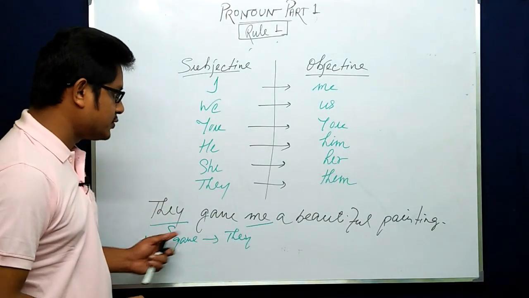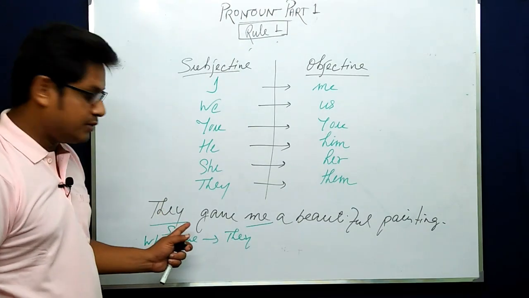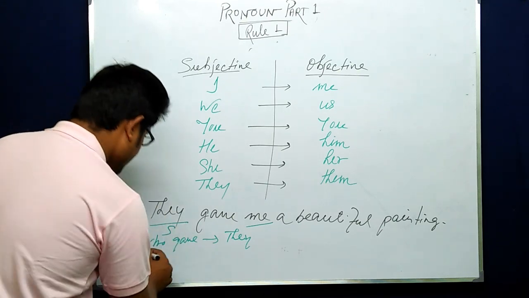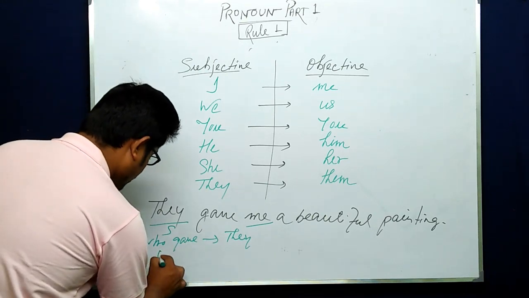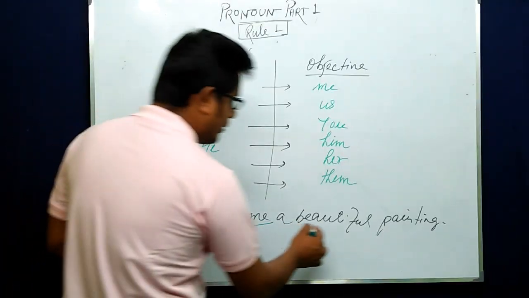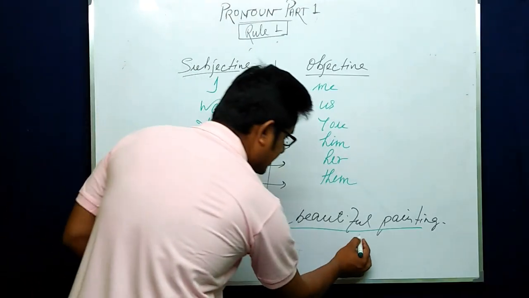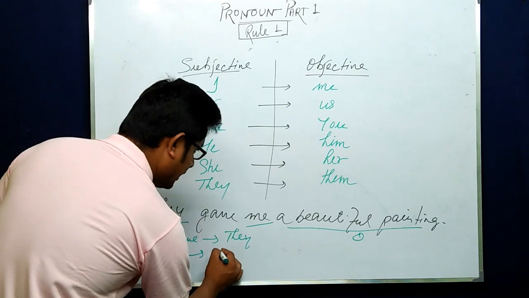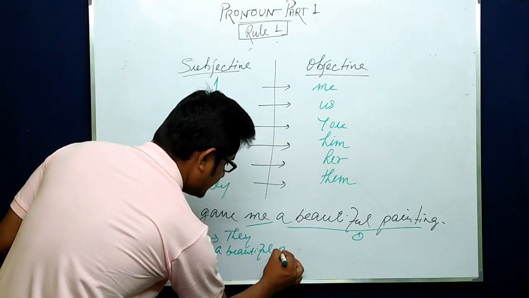You are not supposed to use them over here because this is the subject. Now the second question is what gave means what they gave. What they gave, a beautiful painting. So this is an object.